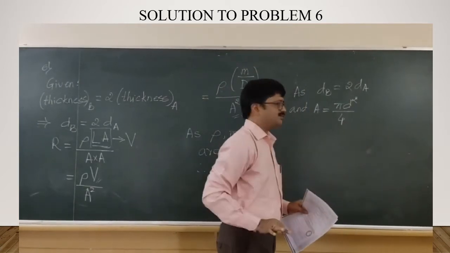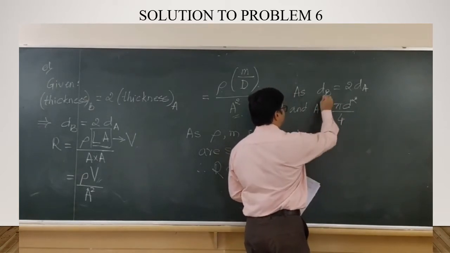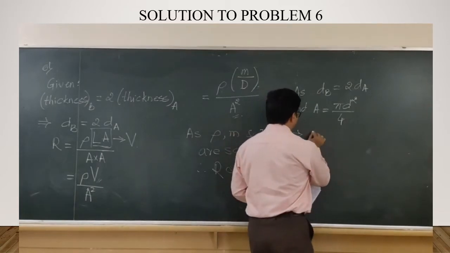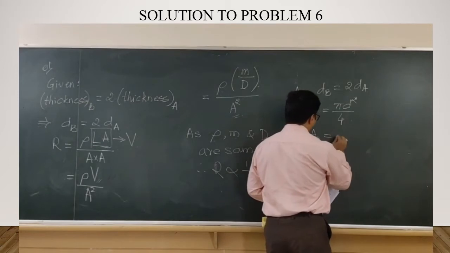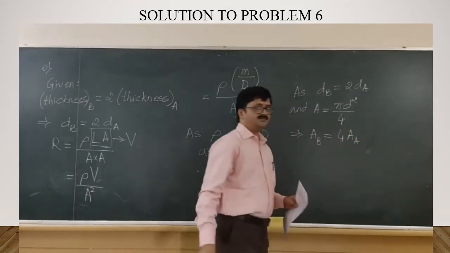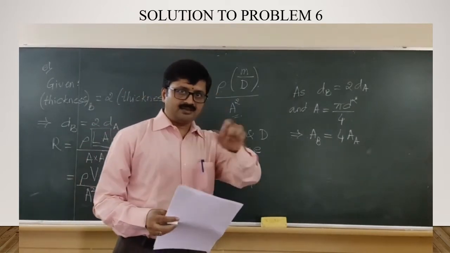We get this, right? So this implies as dB is 2 times dA, very clearly we can say AB is 4 times A here. Are you clear on this? Fine.